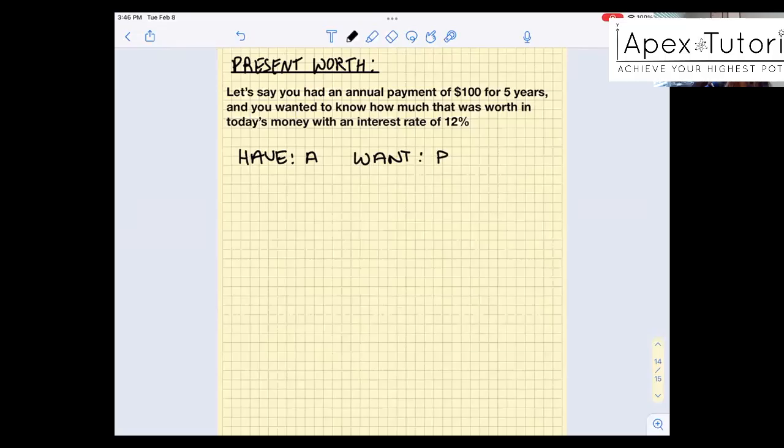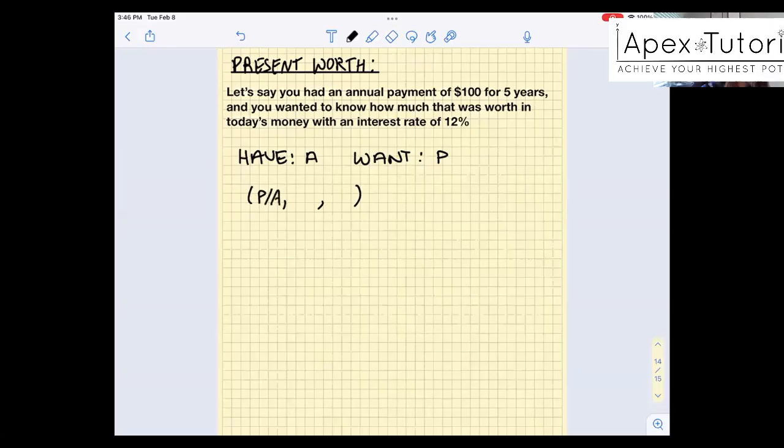So how do we write this? Remember, go back to your notes. How do we fill this out? What's the first thing that we put? F over P. So what do we want? P. What do we have?